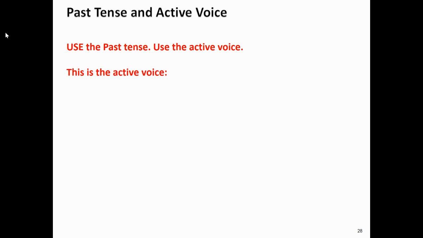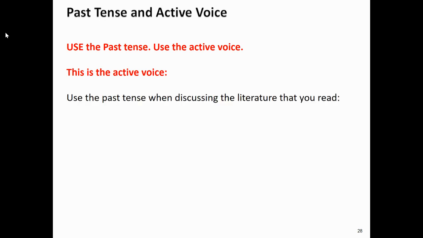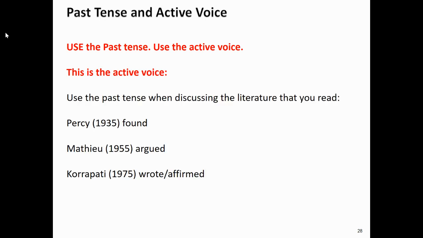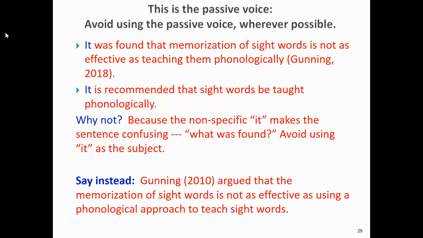Use the past tense and the active voice. Try to avoid the passive voice, especially when you write things like "it was found." And the reason you want to avoid the word "it" at the beginning of a sentence is because the non-specific "it" makes the sentence confusing.